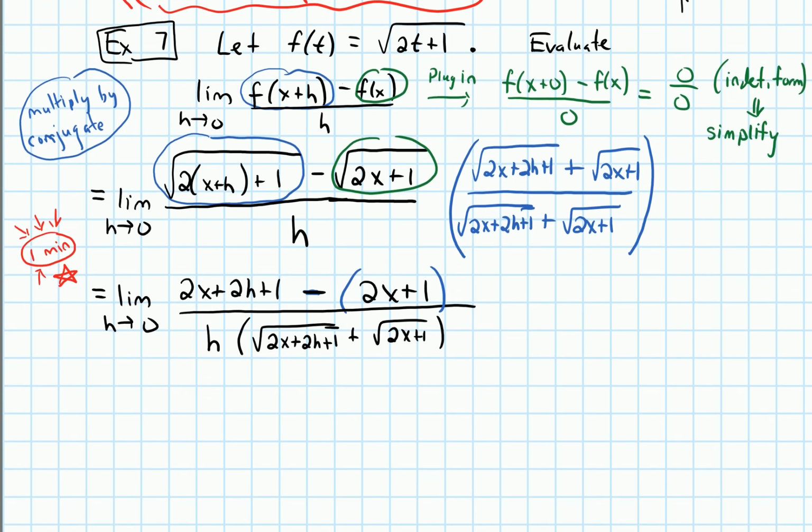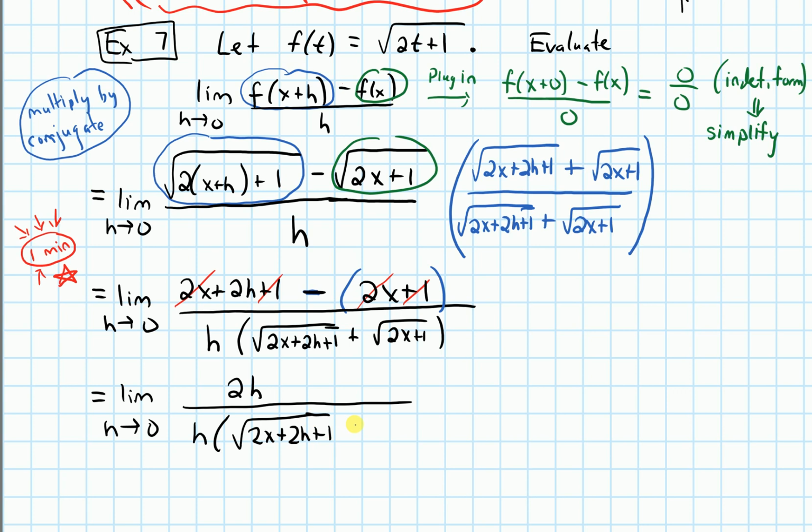Alright, so now let's continue to simplify. So we have the limit as h approaches 0. So on the numerator, after we distribute that negative, the 2x is going to cancel with this 2x, and the 1 is going to cancel with that 1, and we end up with a 2h on the numerator. We get h times root 2x plus 2h plus 1 plus root 2x plus 1 on the denominator.